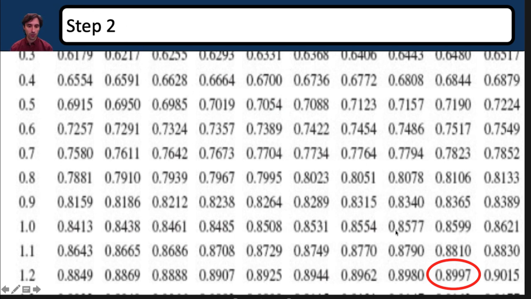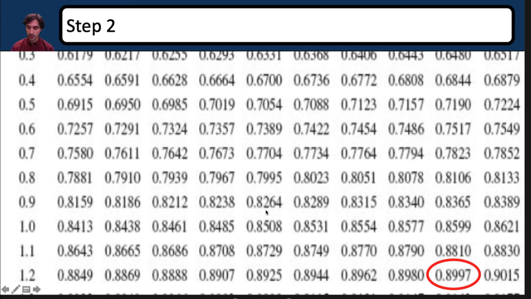If I go all the way and find what's closest to 0.9, which one would it be? It would be 0.8997 rather than 0.9015, because this is closer by 3 digits, whereas this is a little bit further.